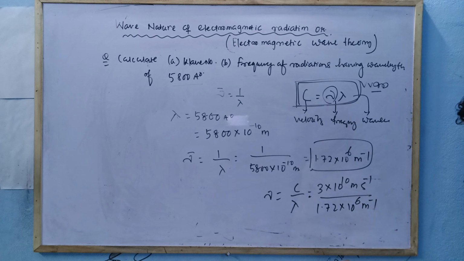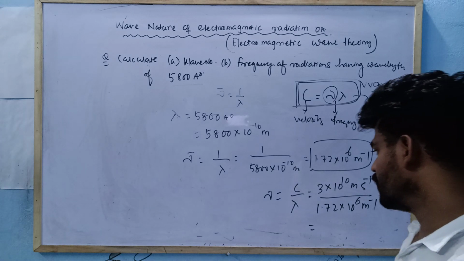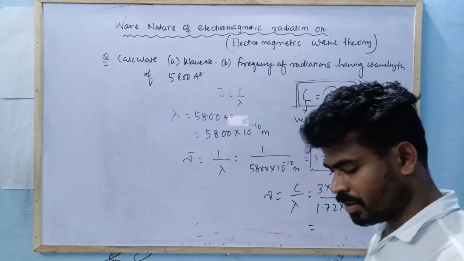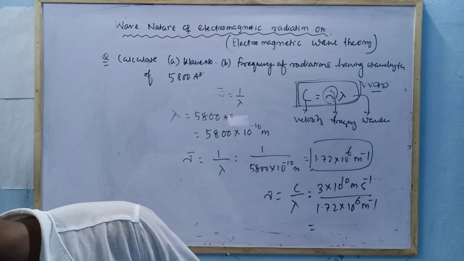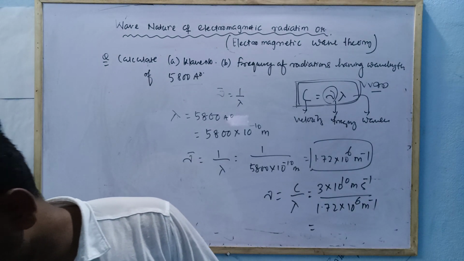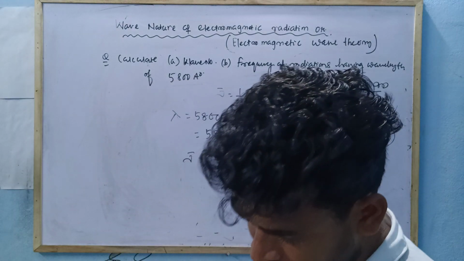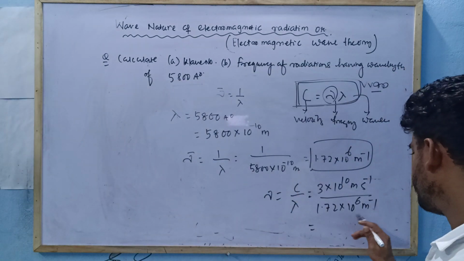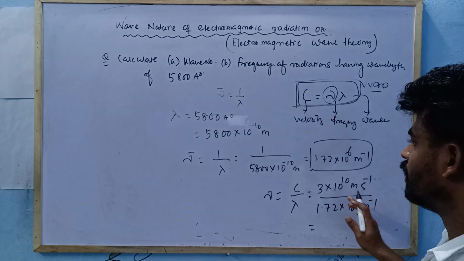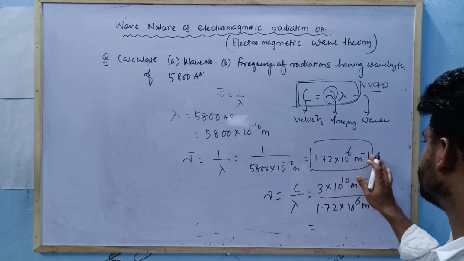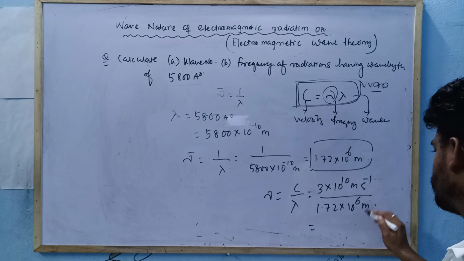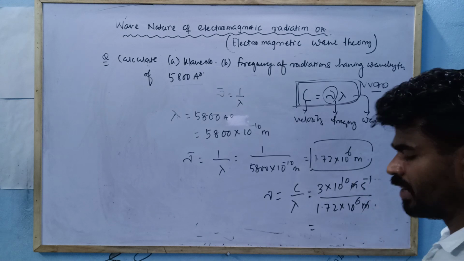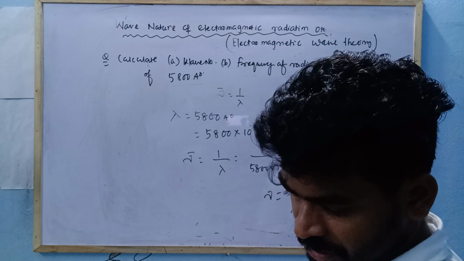Just calculate this, and the answer will come out to be 5.172. The meter gets cancelled, so second inverse will be the unit of frequency.